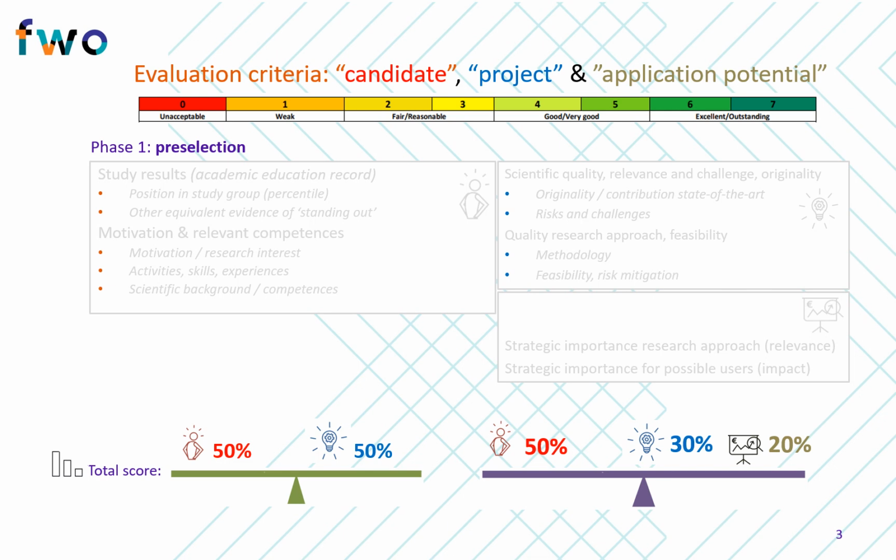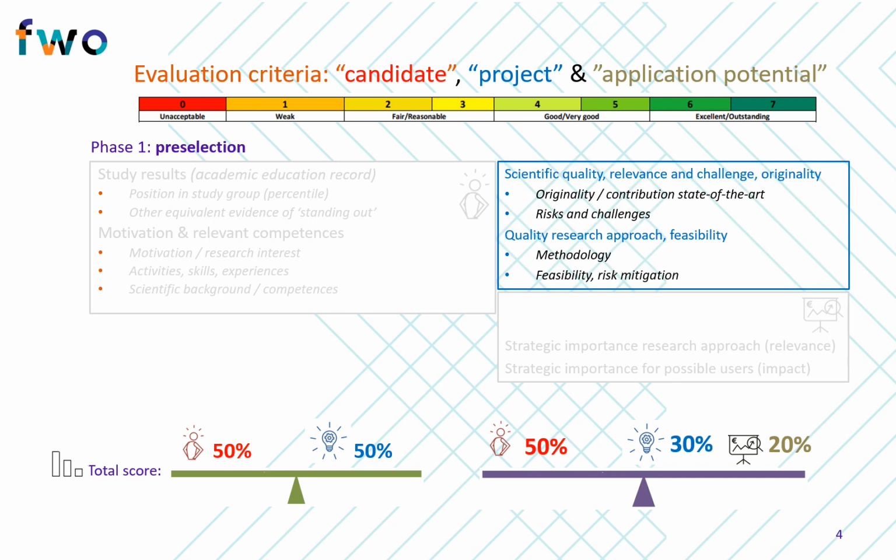For the PhD Fellowship Fundamental Research, the 2 main criteria have equal weight in the final evaluation of the application. For the PhD Fellowship Strategic Basic Research, the distribution of the weights amongst the candidate, project and application potential is 50%, 30% and 20% respectively.